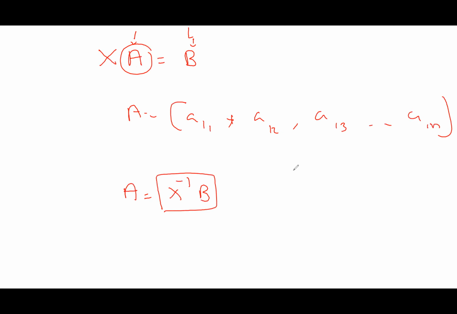So now comes the problem of the inverse of a matrix. Given a matrix X, how will you find the inverse? I'll directly give you the formula because this is not a math class. Basically, the inverse of a matrix is 1 by the determinant of the matrix times some other matrix. The determinant of a matrix is just one number, and I'll tell you how we calculate it.